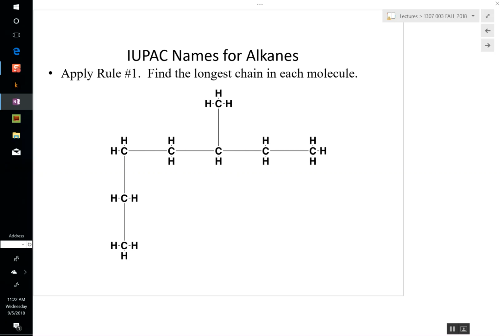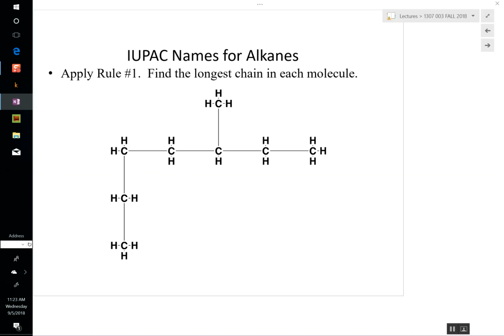And you can see it's not in a line. It does zigzag back and forth. That's butane. But this thing can rotate down like that. It's still butane. That hasn't changed its basic structure. Still the same molecule. It's in a little different conformation.